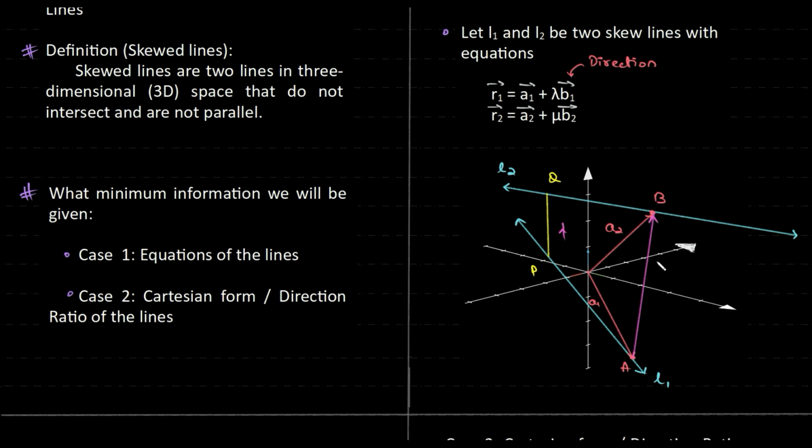Say we know AB. AB is a vector whose magnitude and direction we know. So we know this line, and also we know a line which is parallel to PQ. Can we make use of something? So first of all, how do we find the perpendicular or direction of PQ itself before talking about all of this?